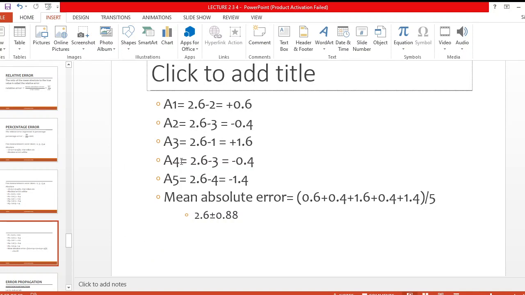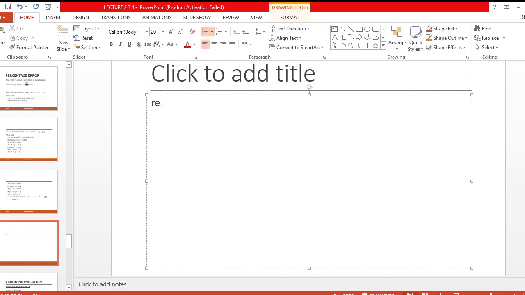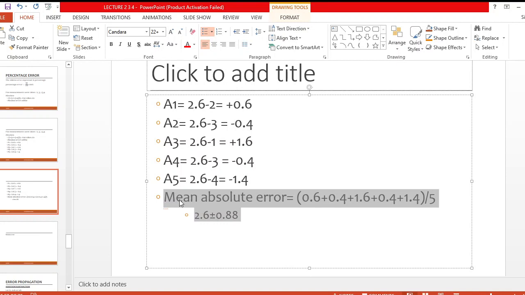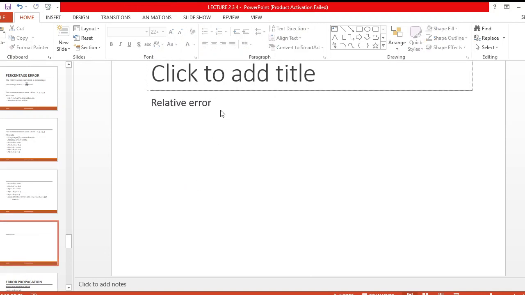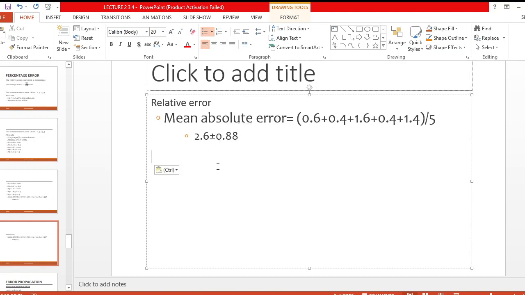Then after finding the mean absolute error, you need to find the relative error. So I'll go to the next slide to illustrate how you find the relative error. By formula, the relative error is the ratio of the mean absolute error to its true value. So from here, you see that the mean absolute error in our measurement was 2.6 plus or minus 0.88.